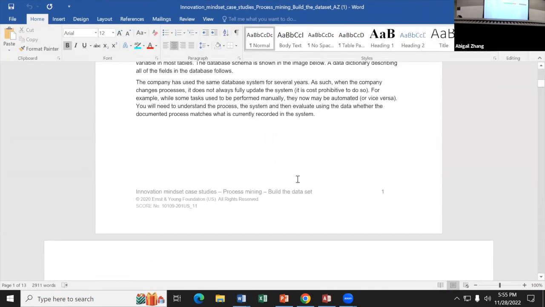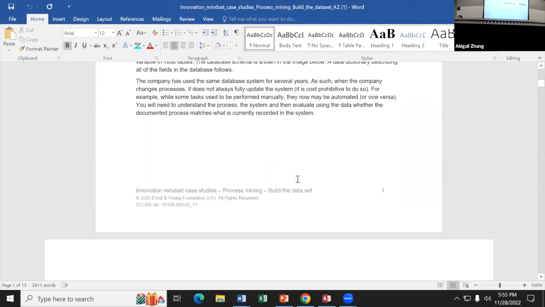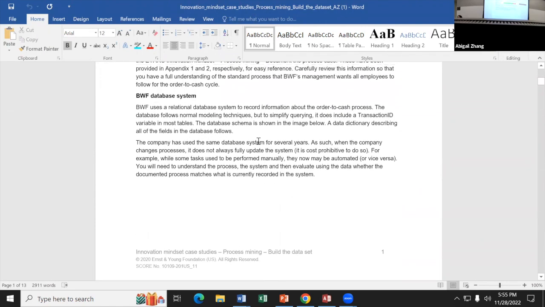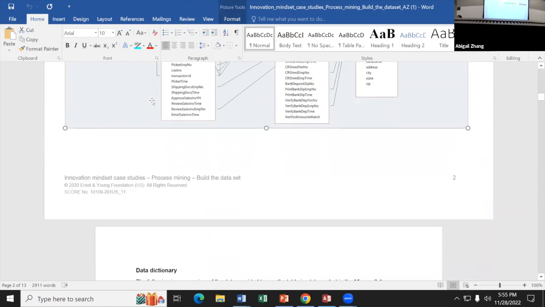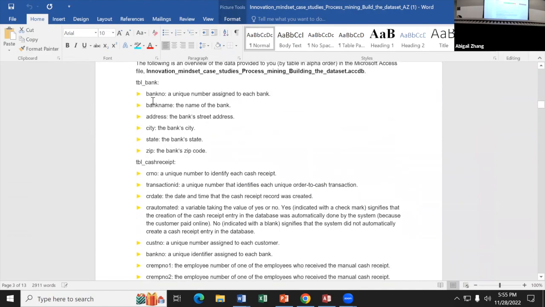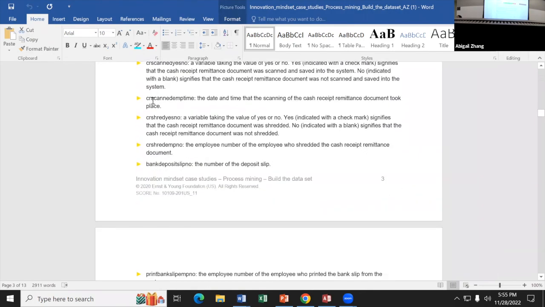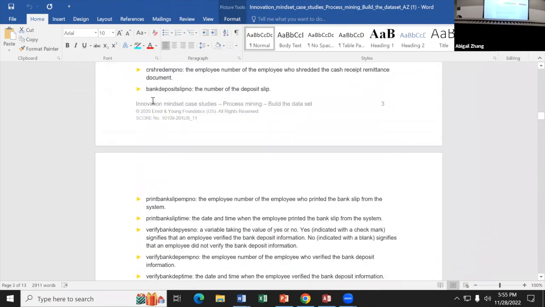The first page is just a high-level description of this case. From page two is a figure of the relationships among the tables that we're going to use later. And then page 3 all the way to page 7 is called a data dictionary.